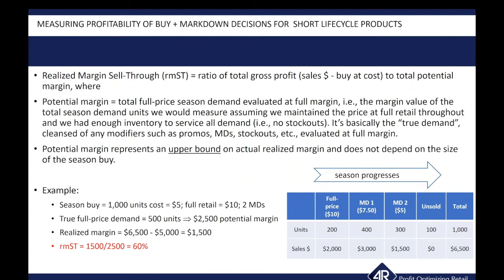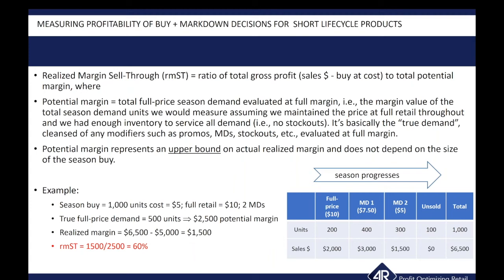Now let's go back and make the assumption that the true full price demand was 500 units. This is basically the demand that's out there for this product at $10. So 500 units corresponds to $2,500 of potential margin, because the initial margin is $5, so 5 times 500 is 2,500.